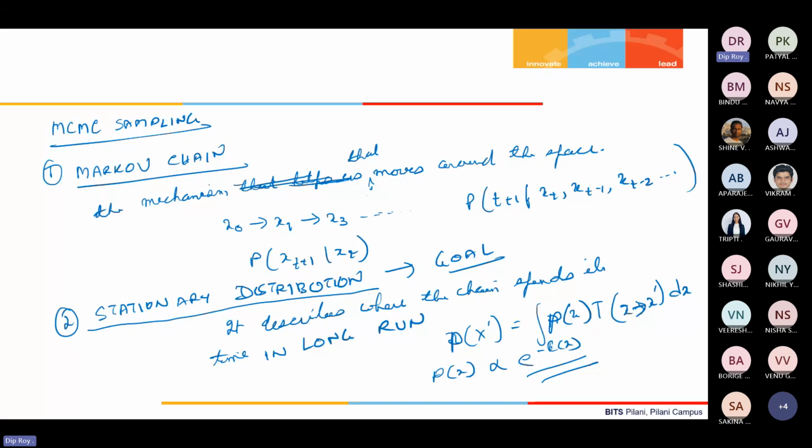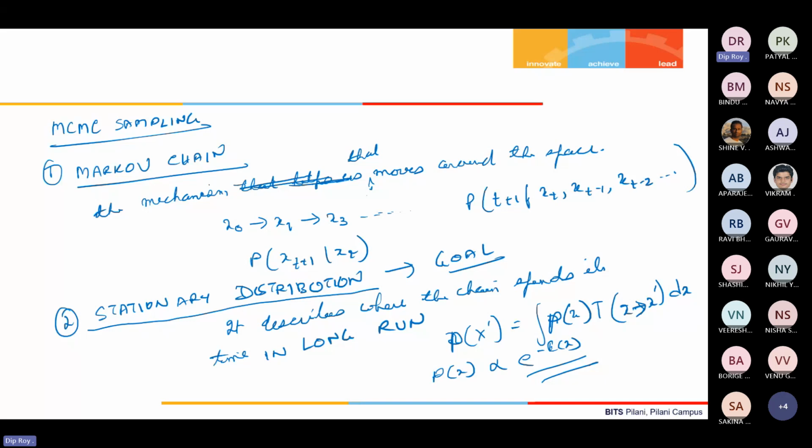So what we do here is we want to have a mechanism which takes us to the goal of finding a stationary distribution which mimics the energy-based models. And when I have reached that stationary distribution, if I have some mechanism to do sampling, then my job is done. I have sampled from there.